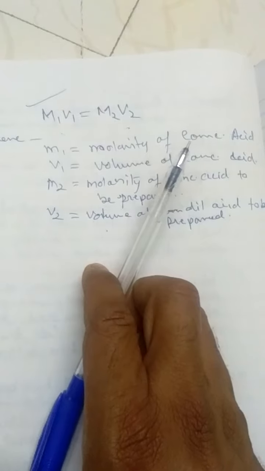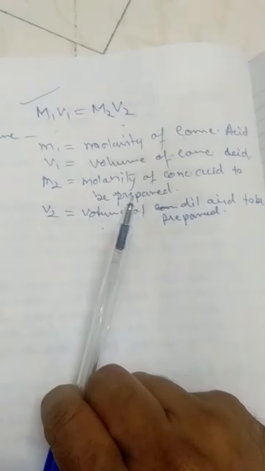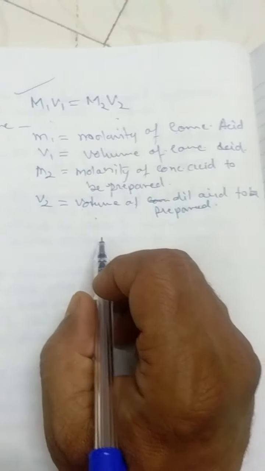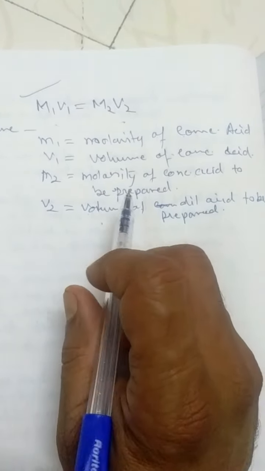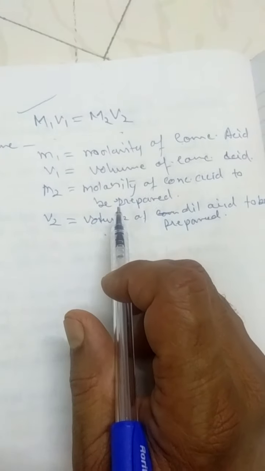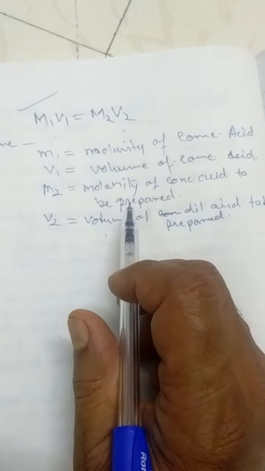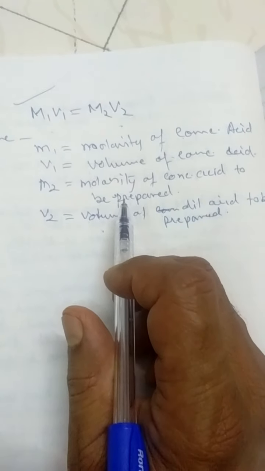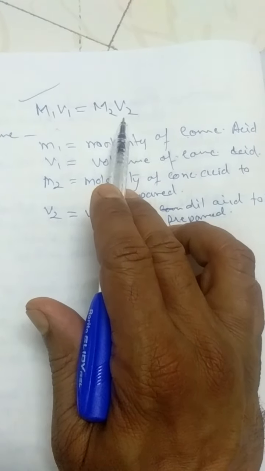First you have to calculate the volume of concentrated acid, how much you will dissolve in distilled water, and adjust the volume up to the required volume. Sometimes you will prepare 100 ml only, sometimes 250 ml, sometimes half a liter or 1 liter; whatever is required, you will prepare by applying the same formula.